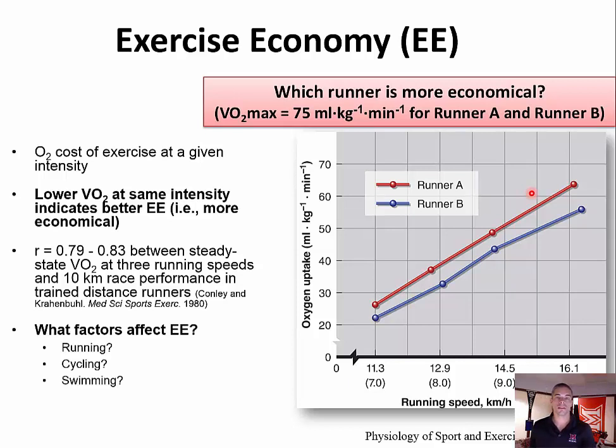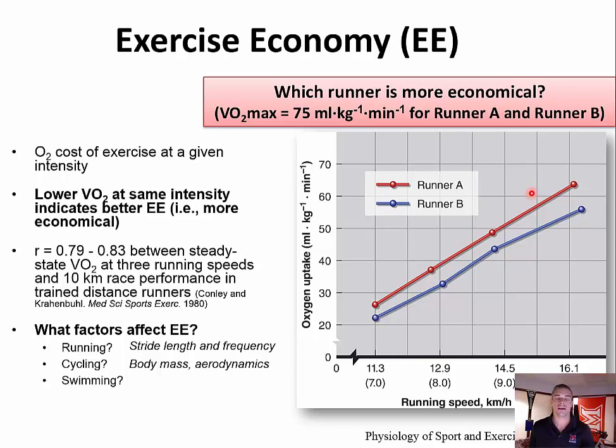So let's talk now about some factors that have been shown to affect one's exercise economy. So let's talk about running, cycling, and swimming as our examples. So for running, both stride length and stride frequency have been shown to affect exercise economy, with those that have a shorter stride length and a greater stride frequency having better exercise economy. With cycling, both body mass as well as aerodynamics influence exercise economy.